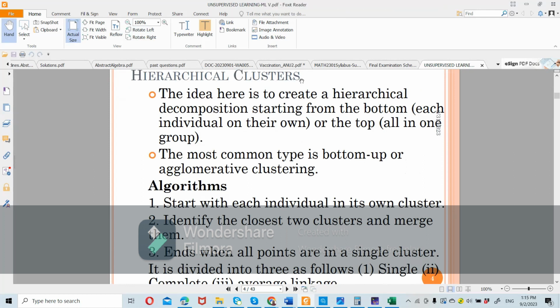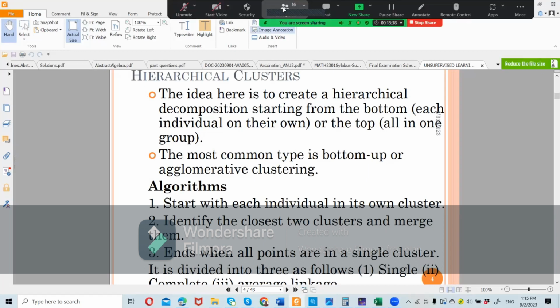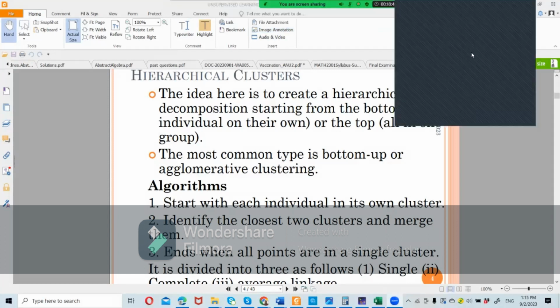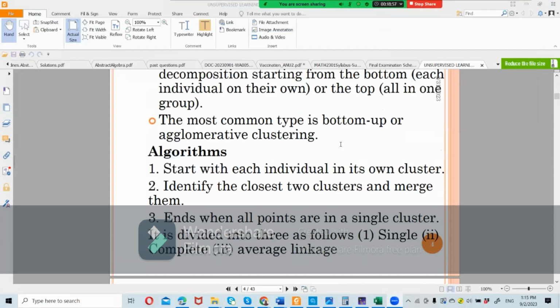The procedure involved in the algorithm is, first, to start with each individual as its own cluster. Then we identify the closest two clusters and merge them.